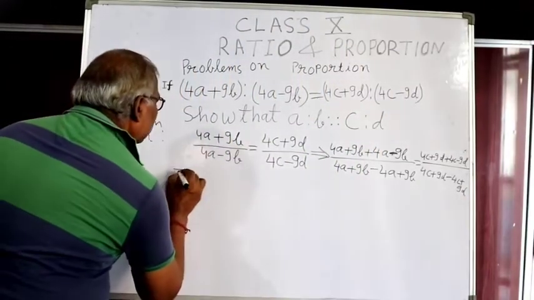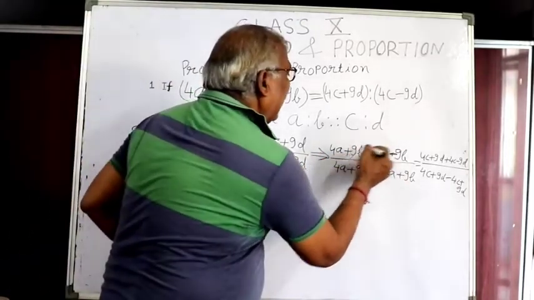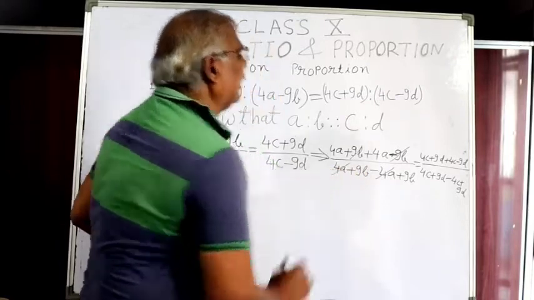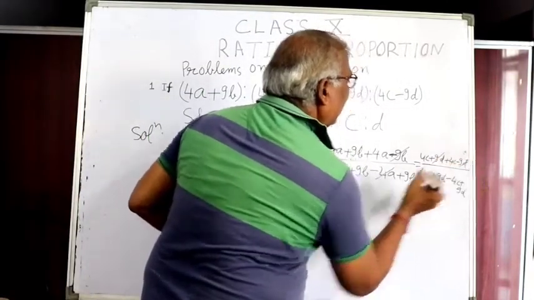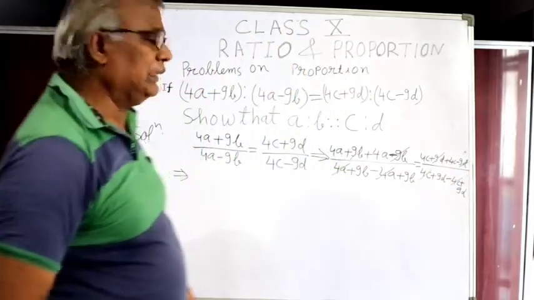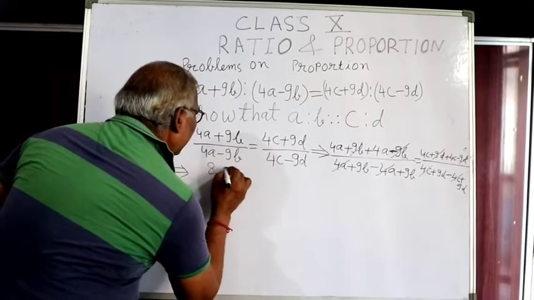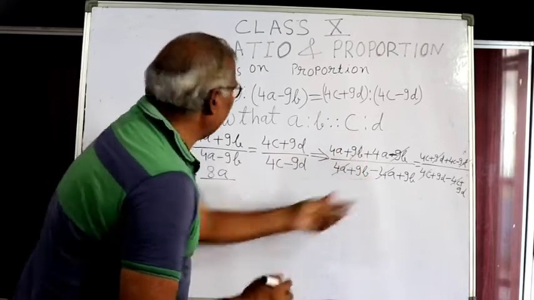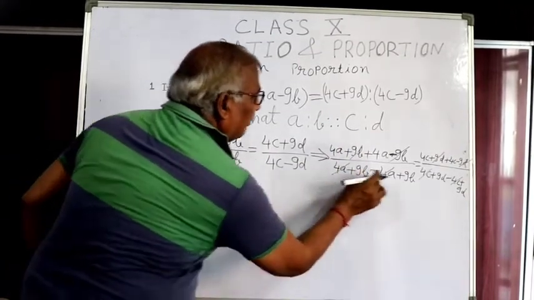Now this implies that the 9b and 9b cancel, the 4a cancels, here plus 9d minus 9d cancel, plus 4c minus 4c cancel. It will become 8a upon 18b, that is 9b plus 9b.